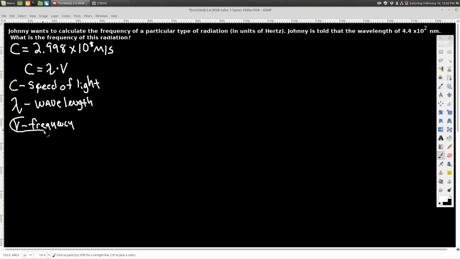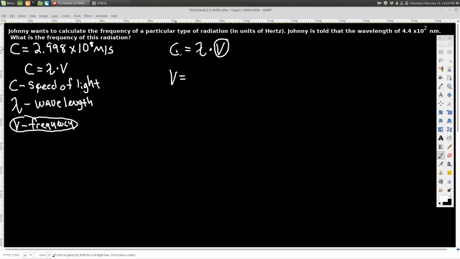We want V. So let's write down this equation: C equals lambda times V. Now we're going to focus all of our efforts on solving for V. If we do some algebra, we need to get V by itself.